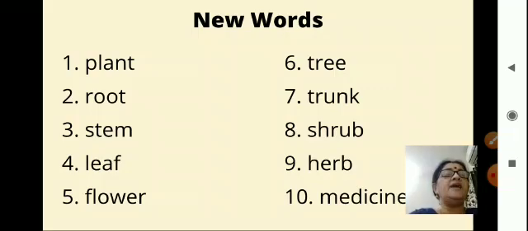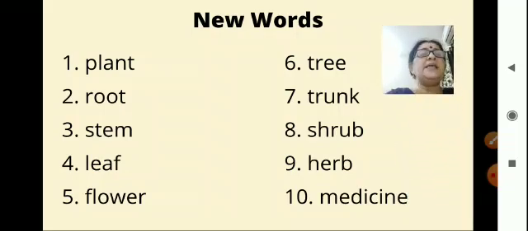Number 9, herb, H-E-R-B, herb. Number 10, medicine, M-E-D-I-C-I-N-E, medicine. Tree, trunk, shrub, herb, medicine.